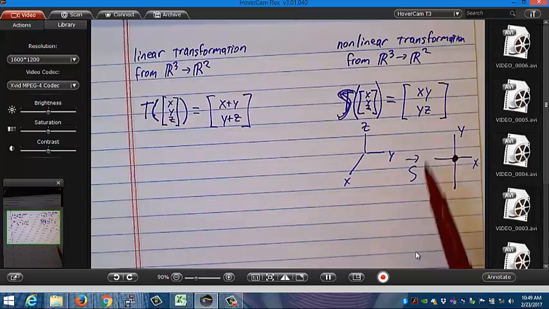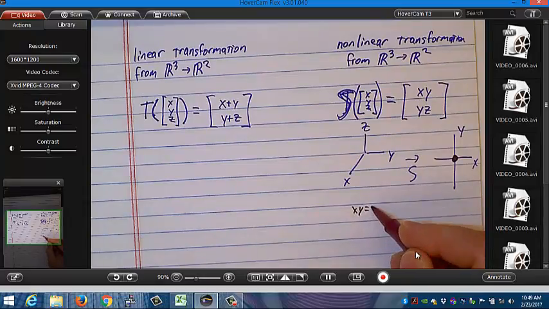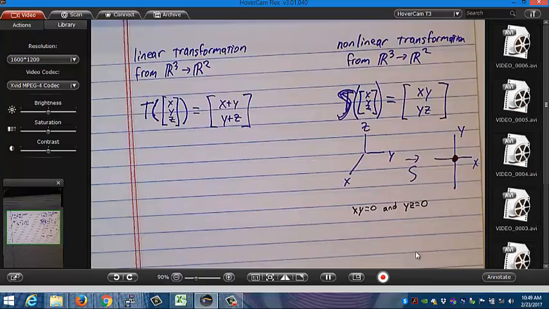If you want the output to be 0, 0, I guess what I need is x times y to equal 0, and I need what else to be true? Y times z to equal 0, right? So when would that happen? On the xz plane, whenever y is equal to 0.